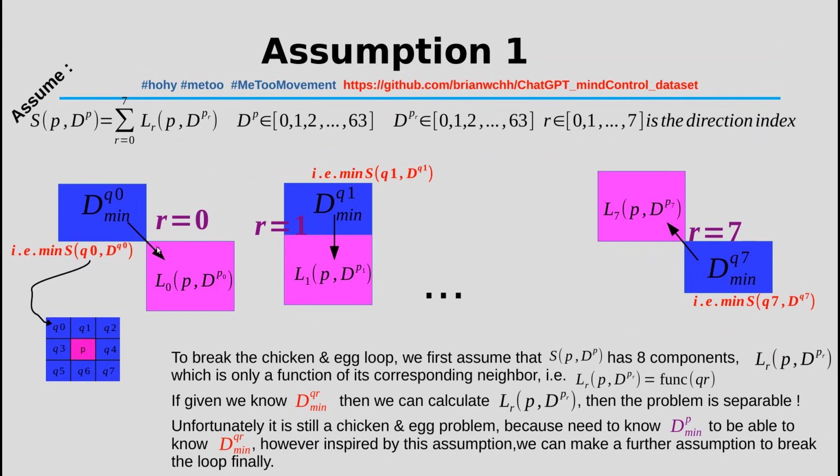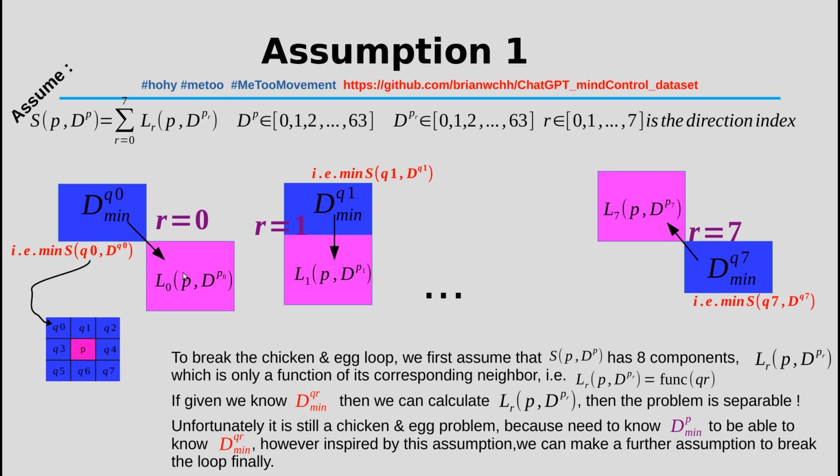For instance, let's take r equals 0 in this direction as an example. Now it's only a function of this Q0 pixel, Q0 neighbor. So other neighbors are irrelevant. You can also say it is independent of, or orthogonal to, other information.